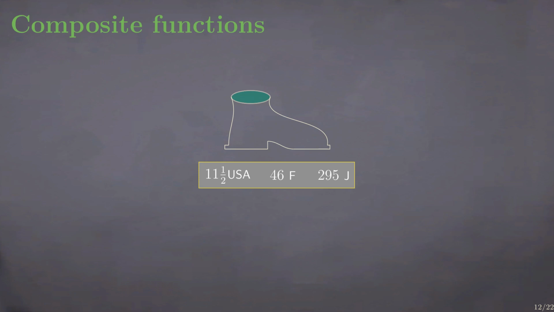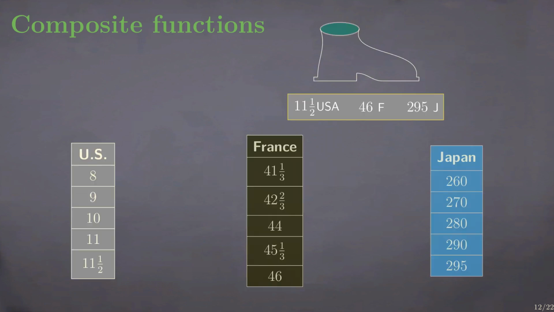For this, we need to have a table that helps us to convert from one size to another. For example, in the US standard, we have 8, 9, 10, 11, etc. And in France, we have 41 1/3, 42 2/3, 44, 45 1/3, and 46. And for the Japanese system, we have 260, 270, 280, 290, and 295.